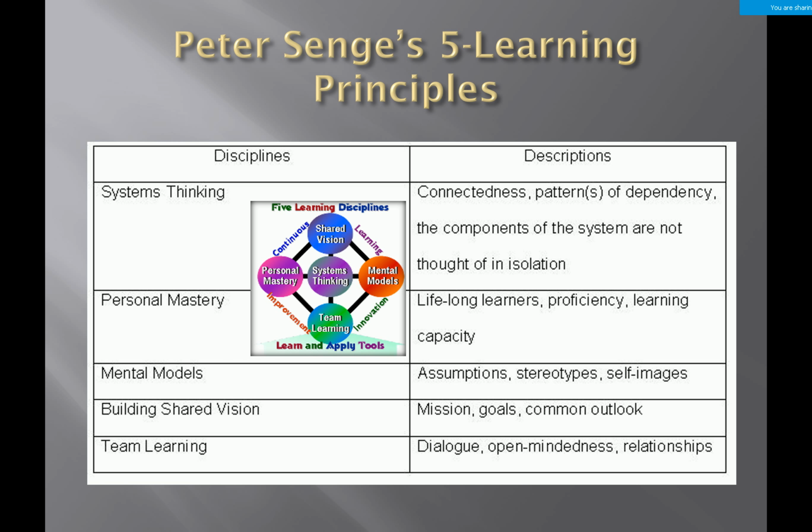Personal mastery, systems thinking, mental models, shared vision, and team learning. Okay. So you yourself must have the capacity to learn as personal mastery, and then you need to think of the organization as a system and not independent, isolated. Right? And mental models, then you need to be aware of assumptions and self-image and all that.